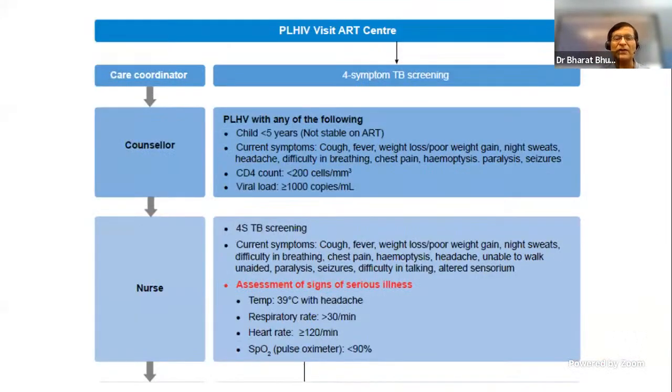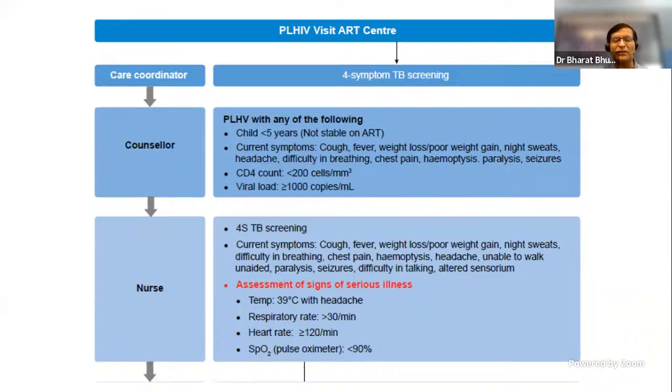Whenever a PLHIV visits the ART center, we know that the flow is to go to a care coordinator, counselor, nurse, and doctor. The care coordinator will do a 4 symptom screening, but the counselor will basically focus on any children less than 5 years who have current symptoms, which are cough, fever, weight loss or poor weight gain, or night sweats.